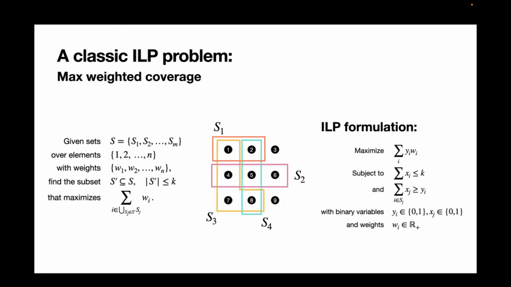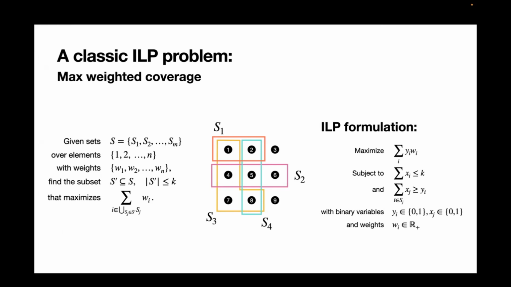A classic integer linear programming problem is the max weighted coverage problem, which is where you have a collection of sets, S1, S2, and so on, over elements, which I've just written as integers, 1, 2, and so on. Each of these elements has a weight, W1, W2, and so on.